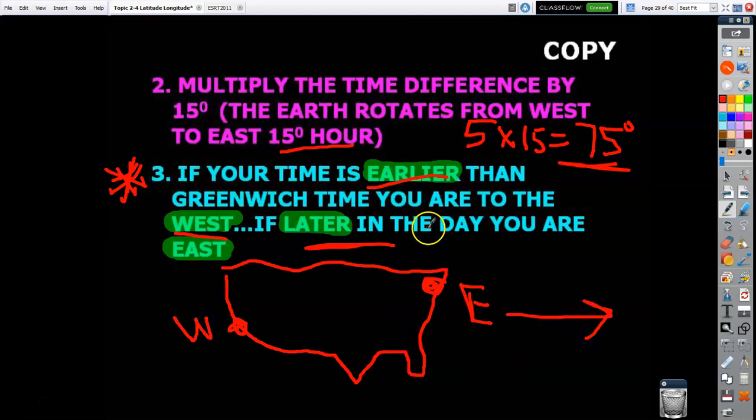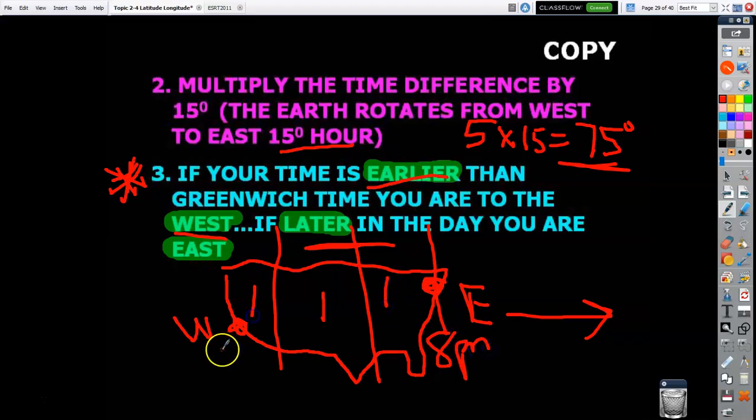So because of that, we are 1, 2, 3 hours ahead of California. So if it's, again, 8 p.m. in New York, this is 7 p.m., 6 p.m., 5 p.m. It's only 5 p.m. in California. So we are to the east. We are later in the day. So later in the day, you're to the east, earlier in the day to the west.